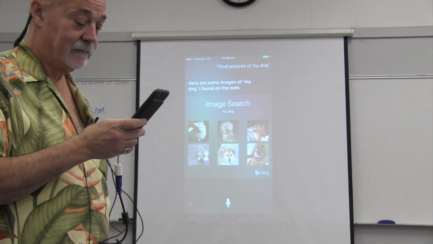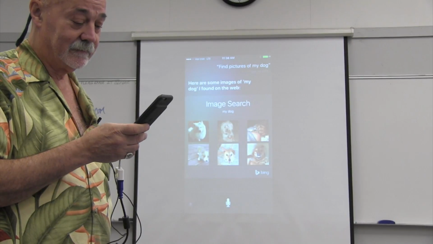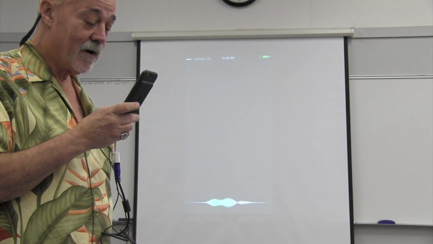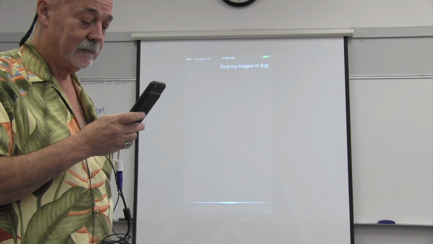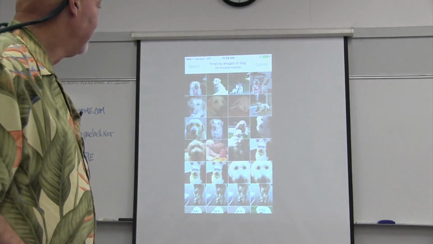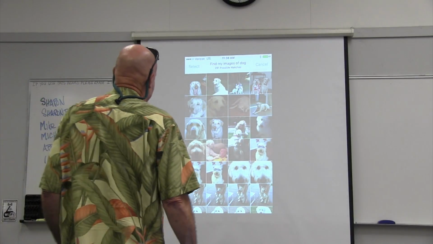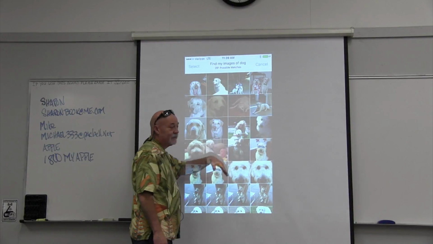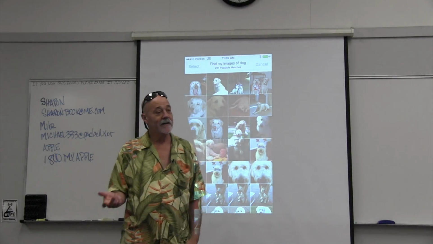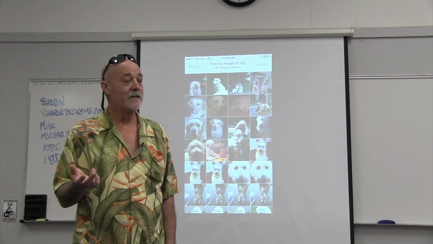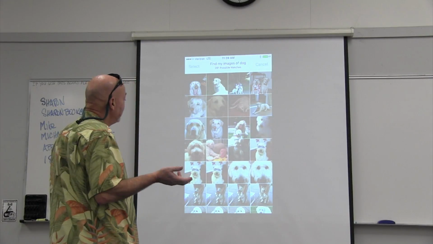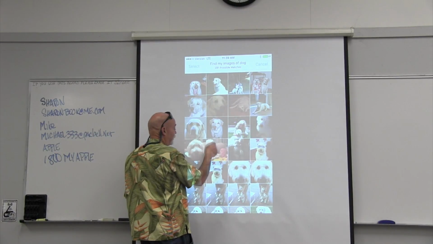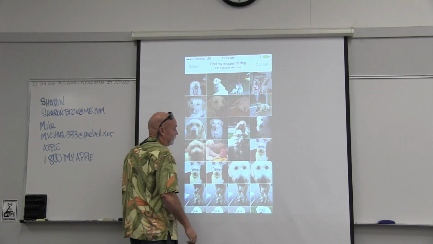Here are some images of my dog I found on the web. Find my images of dog. Yeah, there they go. Those are my puppies. These are current, these are past, but they're all in there. And with their facial recognition software now, they can determine what's a dog and what's not. I'm surprised my kid brother isn't on here, but I do notice I am. So I'm not really sure if they're focused on me or on Baxter.